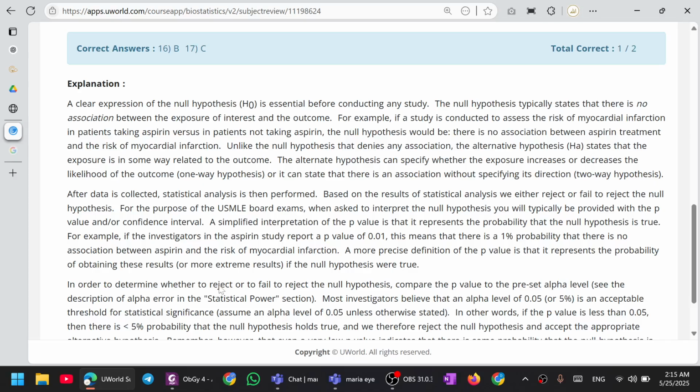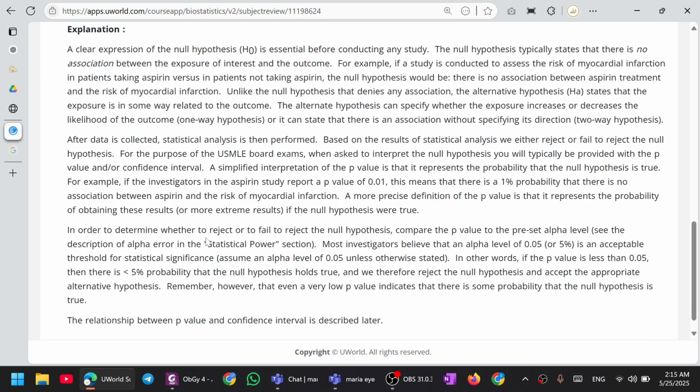In order to determine whether to reject or fail to reject the null hypothesis, compare the p-value to the preset alpha. See the description of the alpha error in the statistical power section. Most investigators believe that an alpha level of 0.05, or 5%, is an acceptable threshold for statistical significance. Assume an alpha level of 0.05 unless otherwise stated.